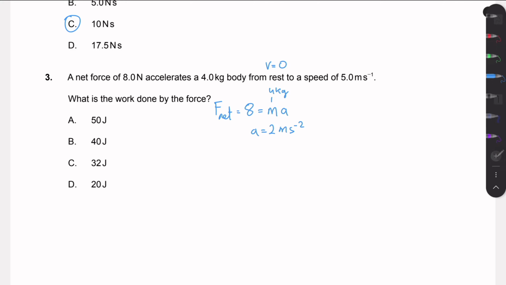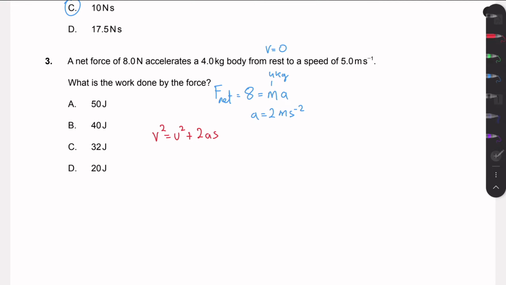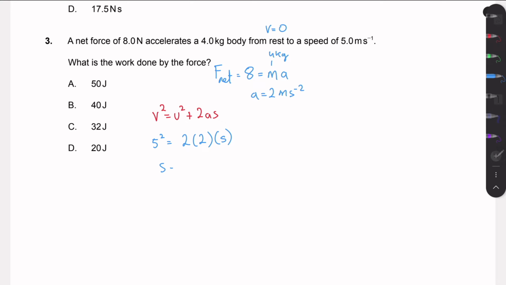So again, we can use the same equation from the first question. So v squared is equal to u squared plus 2as. We know our final speed is going to be 5 squared. Our initial speed is 0, and then 2 times the acceleration times the distance traveled. So from this we'll see that the distance is 25 over 4.